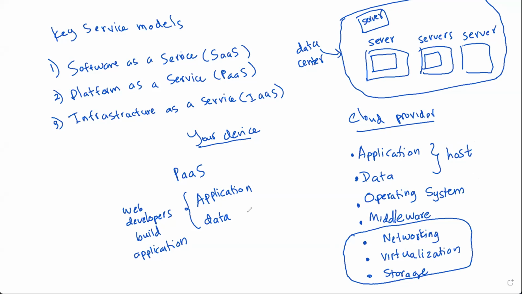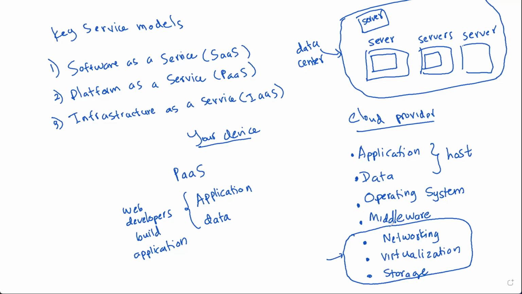The development of applications and management of data is basically done by the web developers and those related employees. So they are able to develop the applications in the way they want.